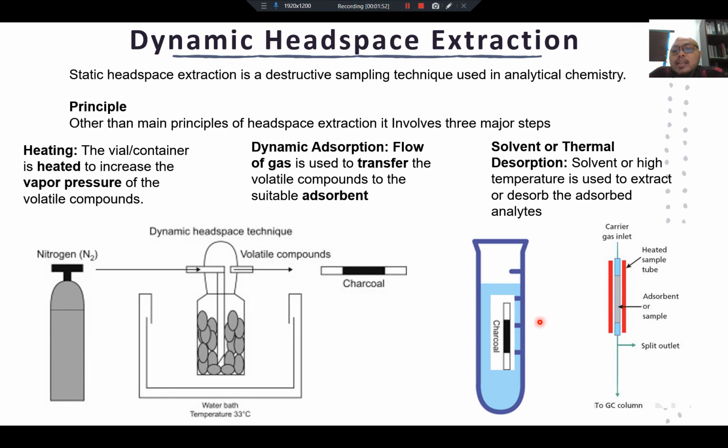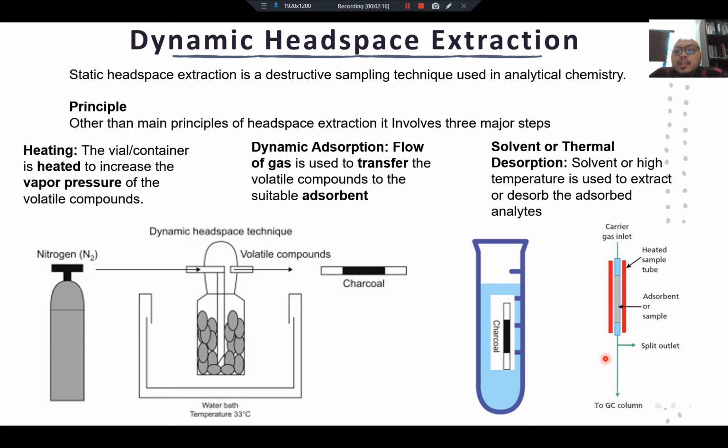So in this dynamic headspace extraction, for the desorption process you can have two options: solvent desorption or thermal desorption. For solvent desorption, you put the charcoal inside of the solvent, and then you inject the solvent. For thermal desorption, you put the charcoal directly inside of the chamber, it gets heated, and then it goes to the column.